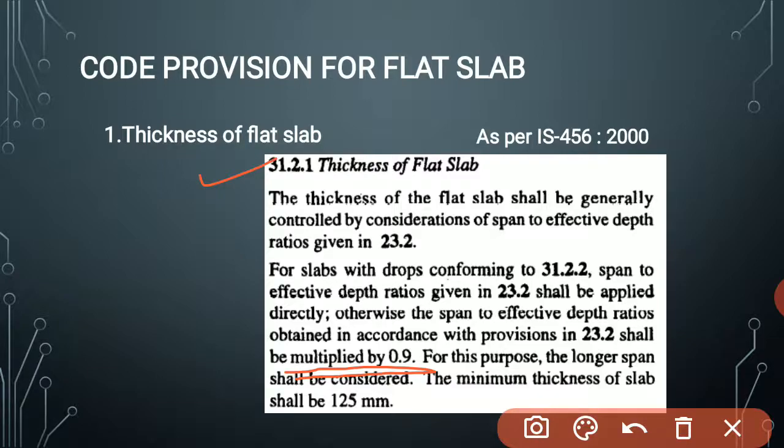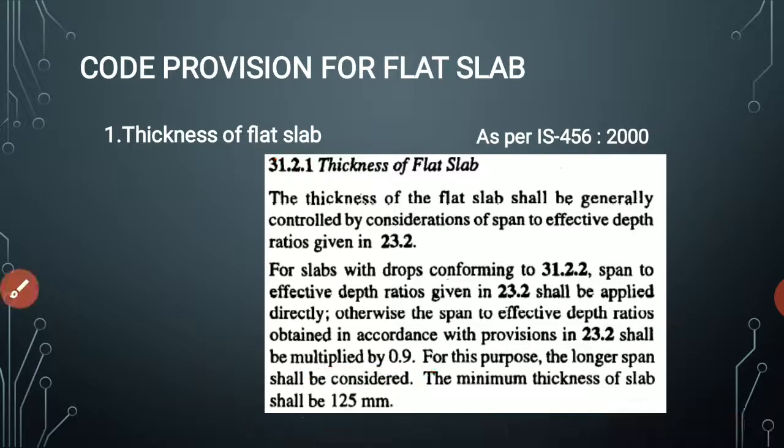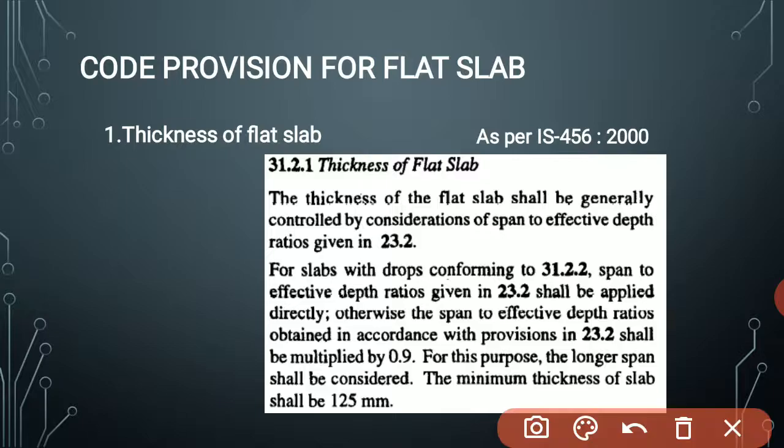Okay, and the minimum thickness of the flat slab shall not be less than 125 mm. This is a very important value, that is, the minimum thickness of the flat slab shall be 125 mm. Okay, so this is regarding the thickness of the flat slab.